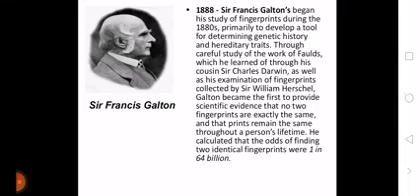Through a careful study of the work of Faulds, which he learned of through his cousin Sir Charles Darwin, as well as his examinations of fingerprints collected by Sir William Herschel, Galton became the first to provide scientific evidence that no two fingerprints are exactly the same, and that prints remain the same throughout a person's lifetime. He calculated that the odds of finding two identical fingerprints were 1 in 64 billion.